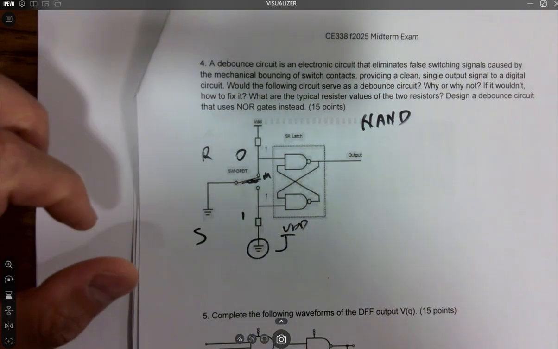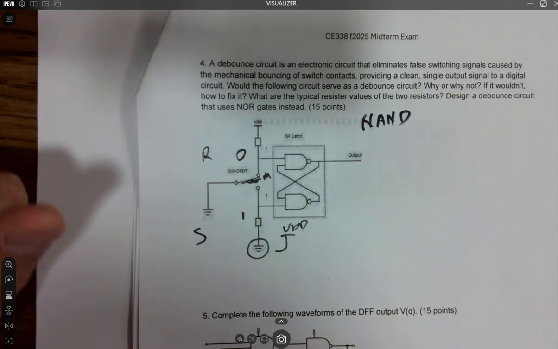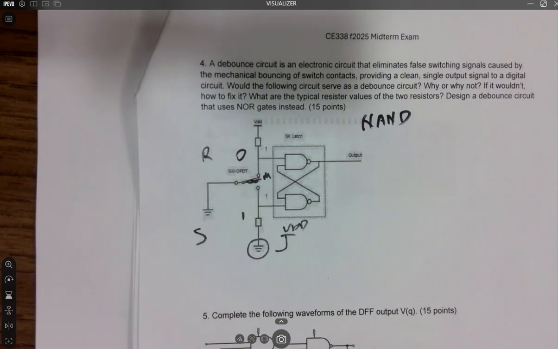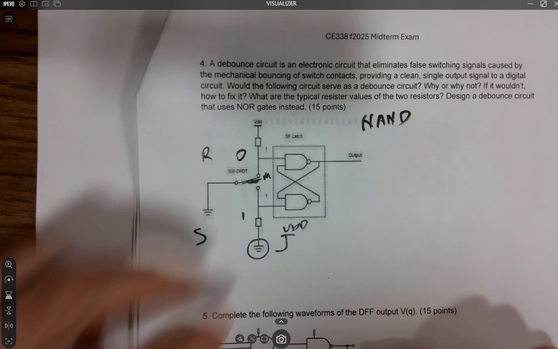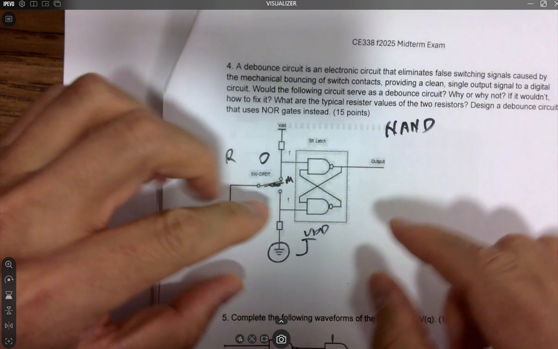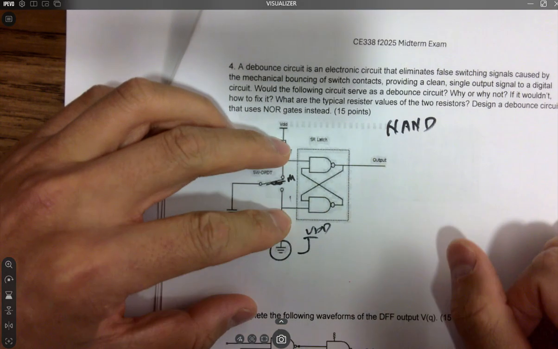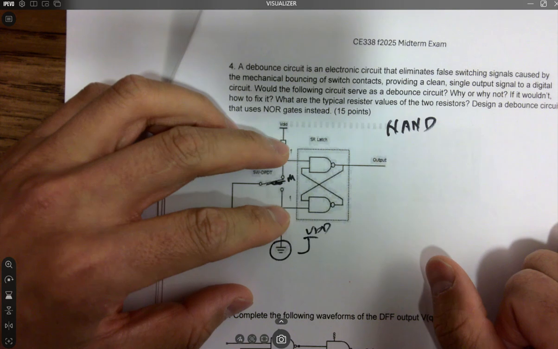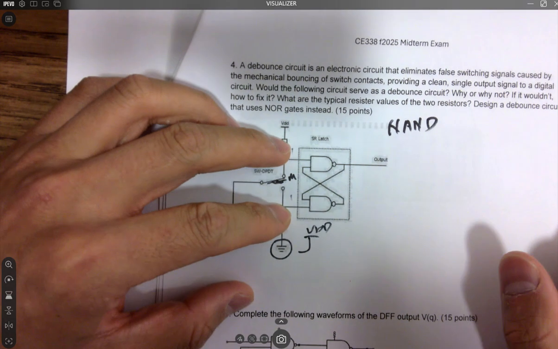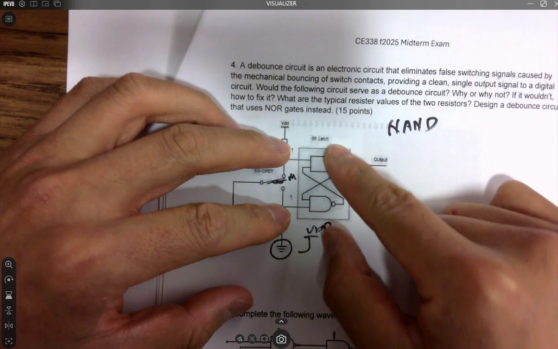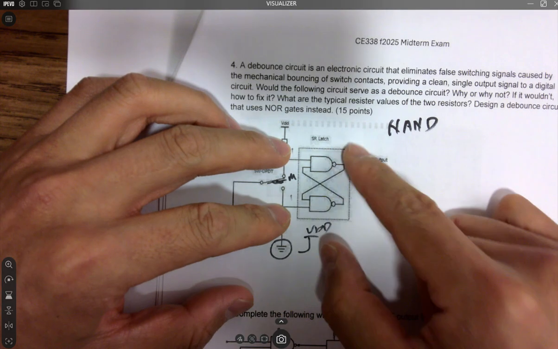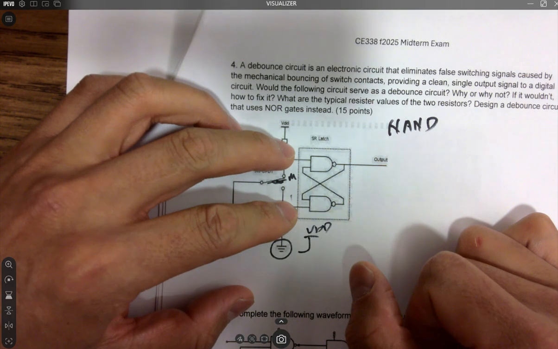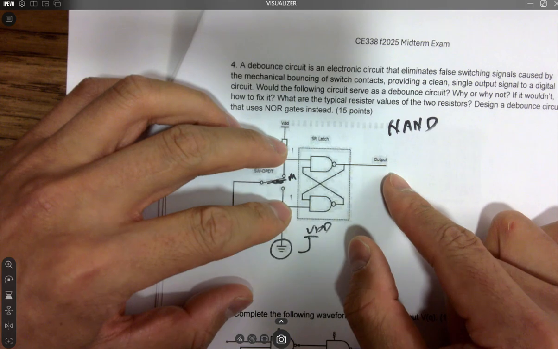It's trying to leverage the benefit of using ones. Whenever they are both ones, it becomes a memory, because the non-gate version of the SR latch takes ones as a memory state.